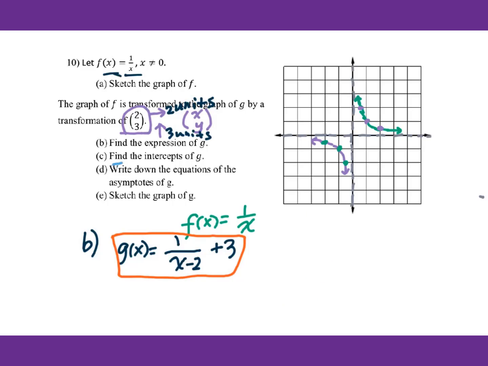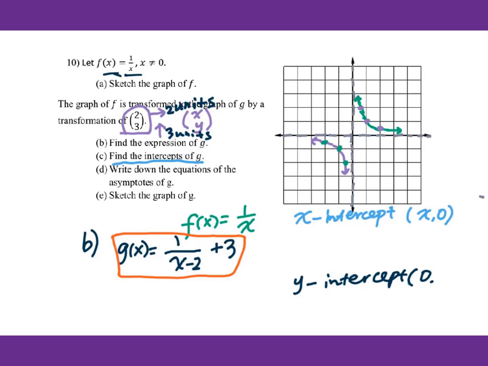For C, find the intercepts of g. Intercepts means you have the x-intercept, x, 0, and the y-intercept, 0, y.